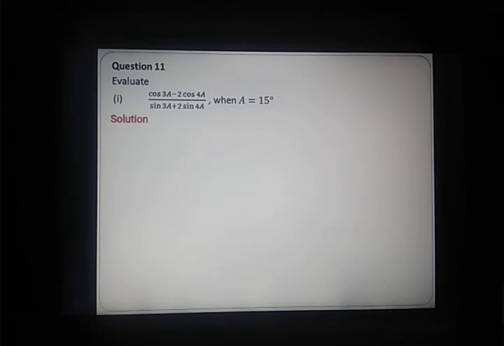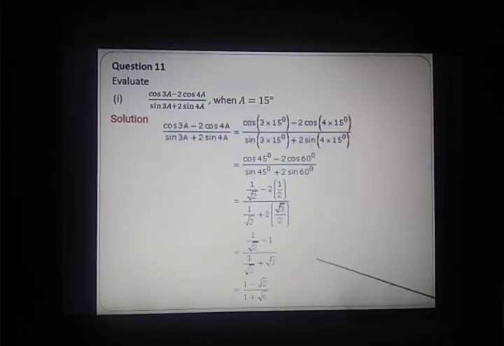Okay, we'll have a look at this question. So we want to evaluate this one. Actually there are two questions. I'm just going to do the first sum, the second part you will try by yourself. Okay, so the whole solution is written here. I'm just going to explain the solution part. So cos 3A, the value of A is given to be 15.